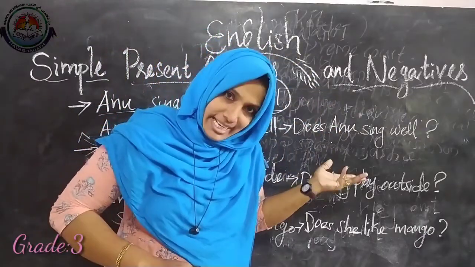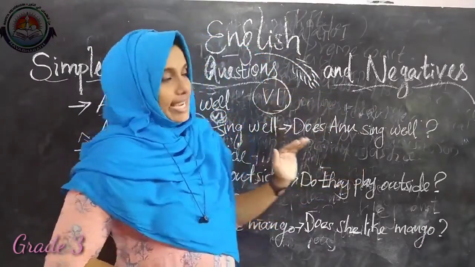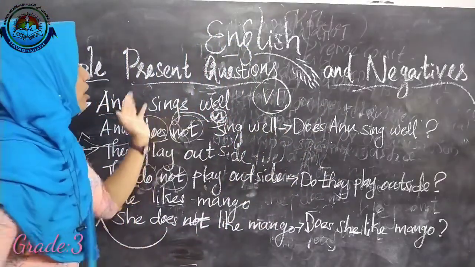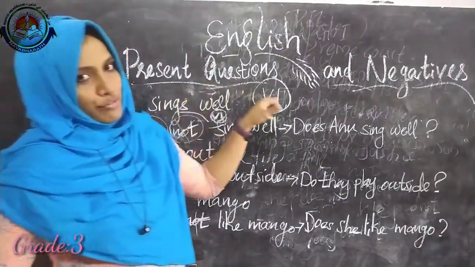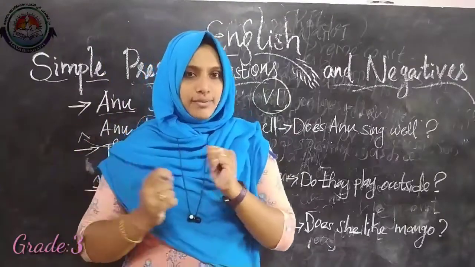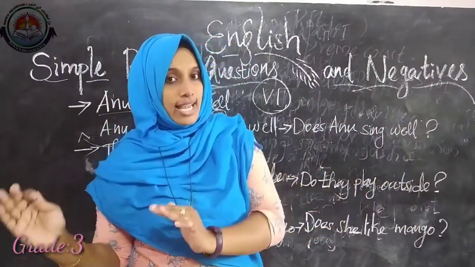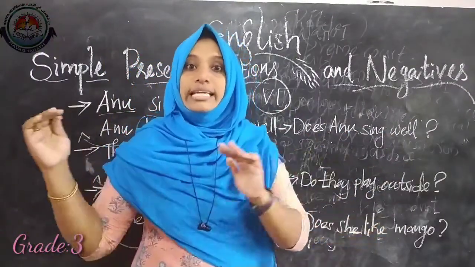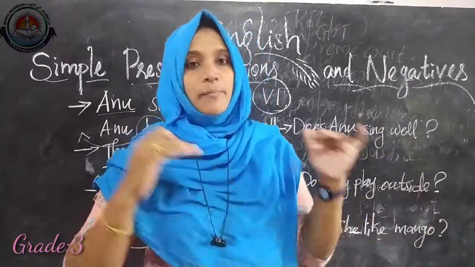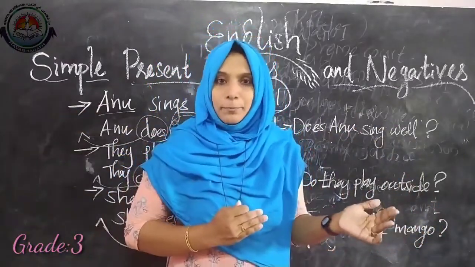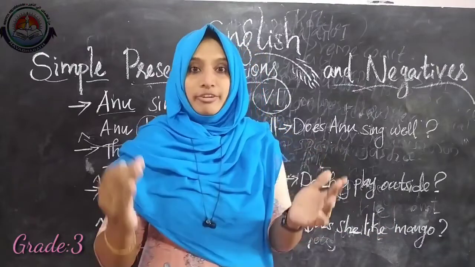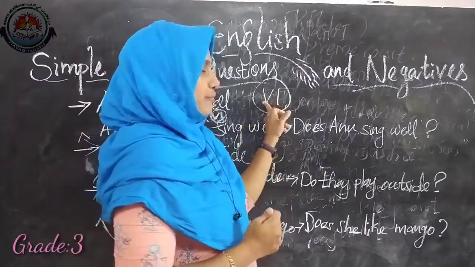So for changing into a negative sentence, we will change this verb into its root form, like sings, sing; dances, dance; eats, eat; plays, play. Right? This is how we find this root form, this V1.